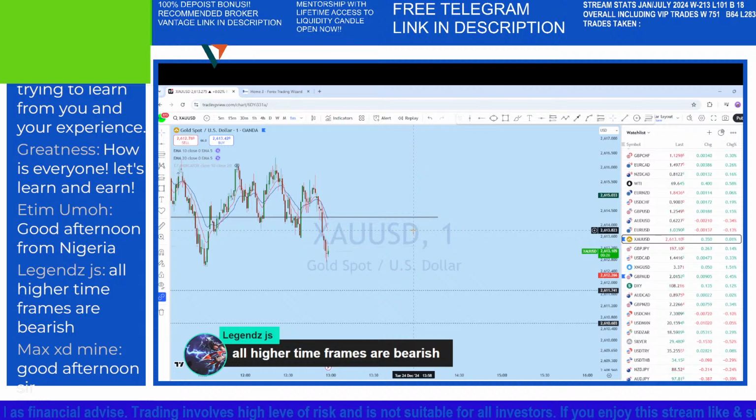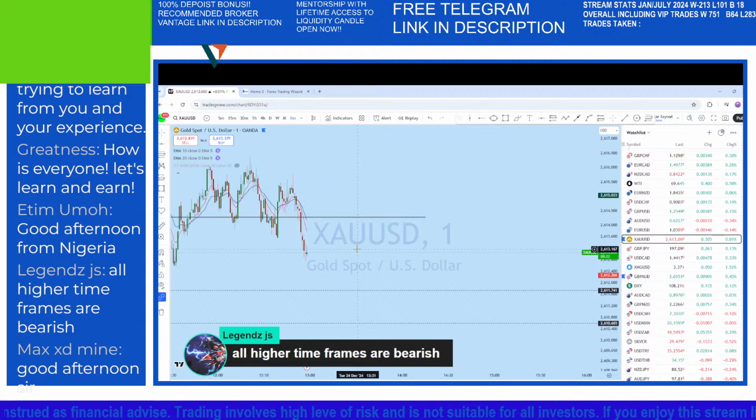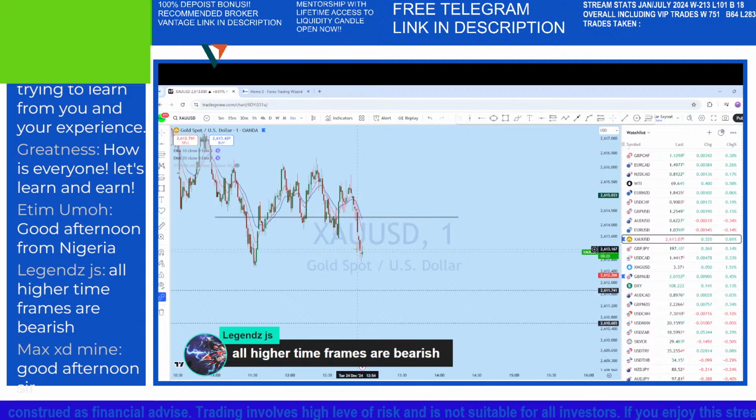From the 1 minute, we can see that there is a drop in that level. We'll be waiting to see what's happening next. Market in a zone where we might see a bounce or trend continuation.